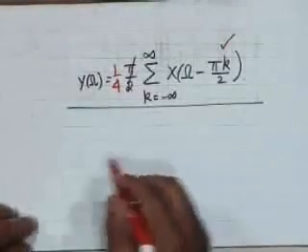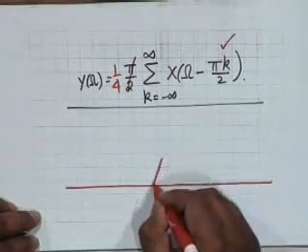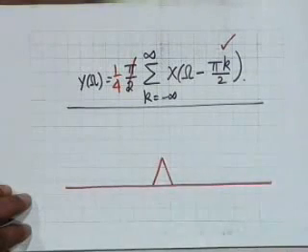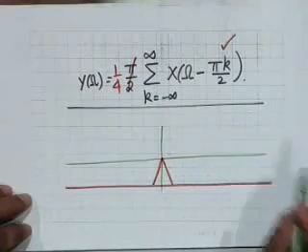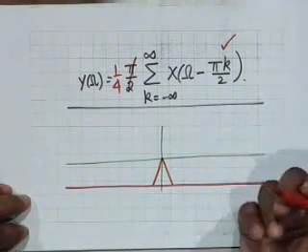Let me draw over one period. What I have is X of omega. One period means from minus pi to plus pi.